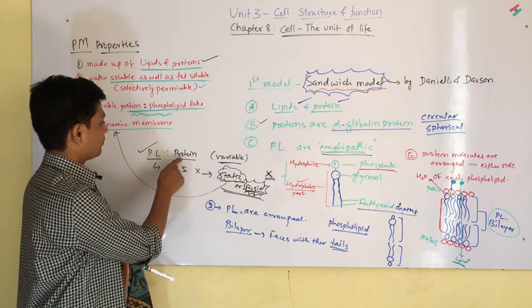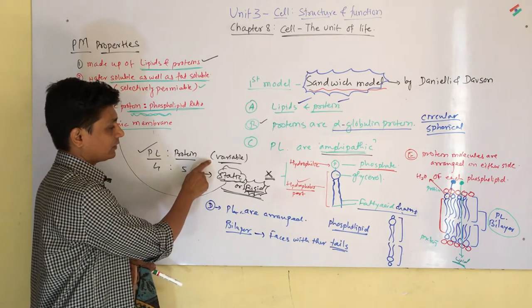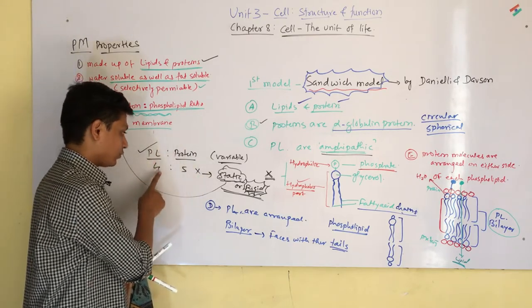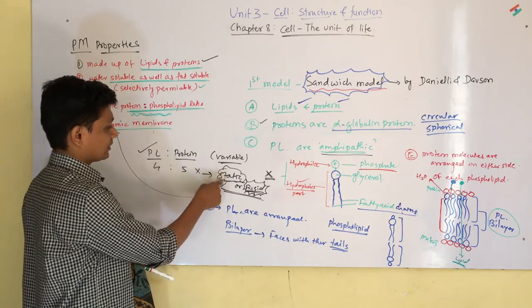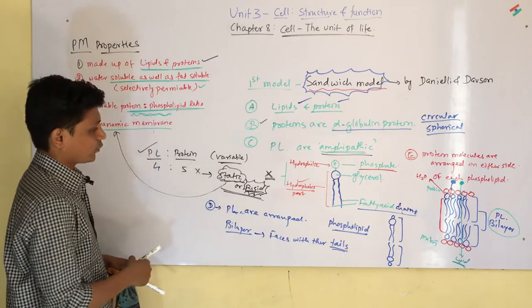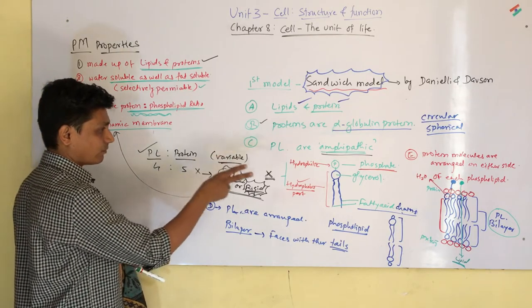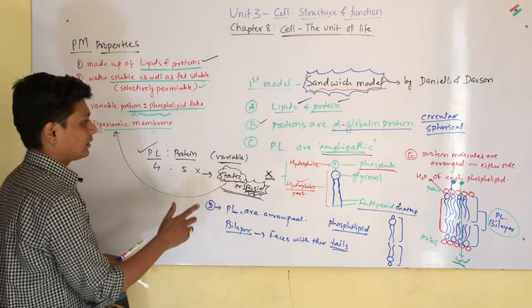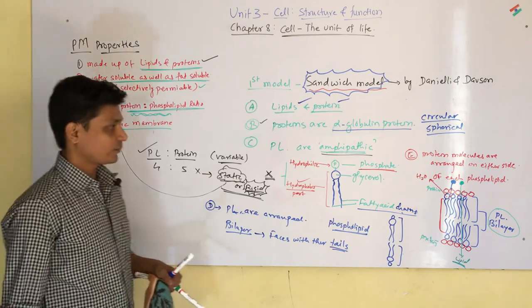Second, they could not explain the variability in the protein to phospholipid ratio. If they could explain this, then the rigidity would be nullified. But they could not, which means their membrane is static or rigid, and this does not meet the plasma membrane properties.